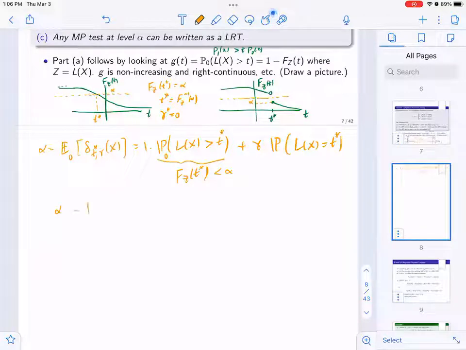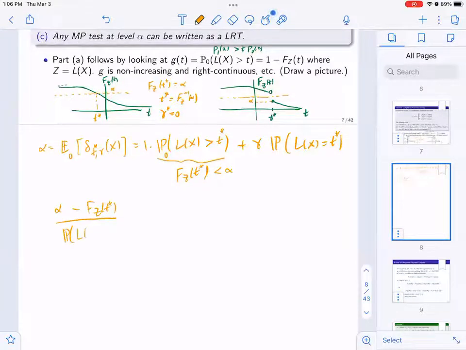So you get alpha minus fz of t star, divided by the probability of L of x equal to t star. We could just call it this. So that would give me gamma. Call it gamma star. Okay, and this has to be bigger than or equal to 0. If it's equal to 0, we're back to the previous case.